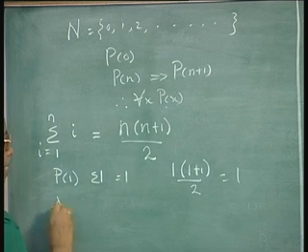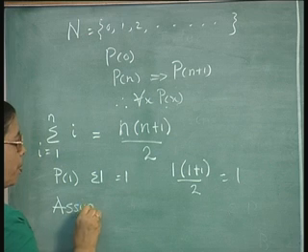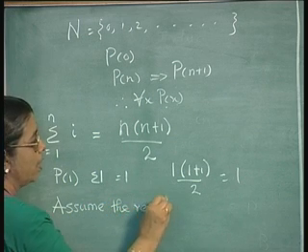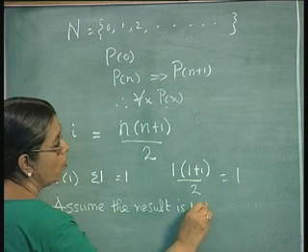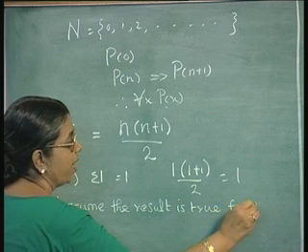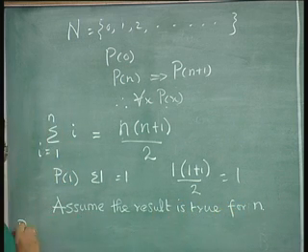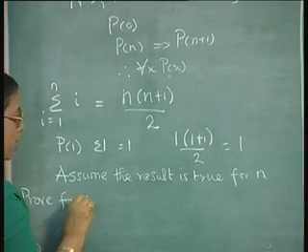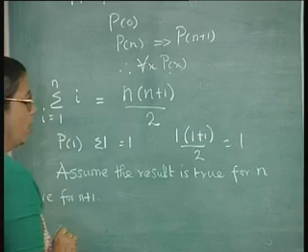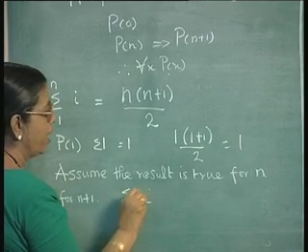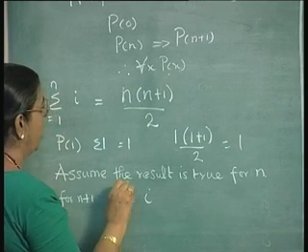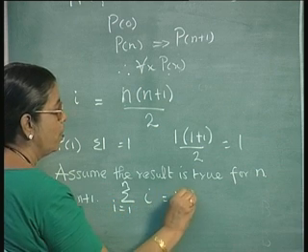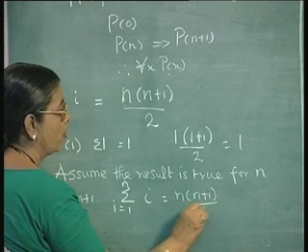Now, for the induction part you have to show that, assume the result is true for n, then you have to prove it for n plus 1. So, what you know is that sigma i for i equal to 1 to n is equal to n into n plus 1 by 2.